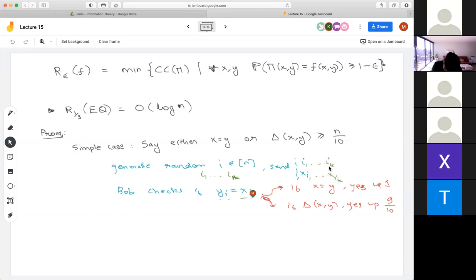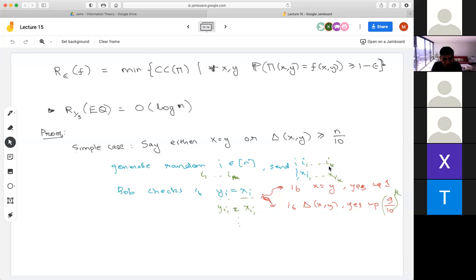Bob will do the same check, and the probability that the two strings are not equal, but then they end up being equal in each of these positions is at most (9/10)^k. So you can choose k to be some small constant, maybe 10 or 11 should suffice, such that the probability of accepting becomes less than 1/3. So in this case, they will reject with probability at least 2/3, which is great. So they'll compute the correct function.